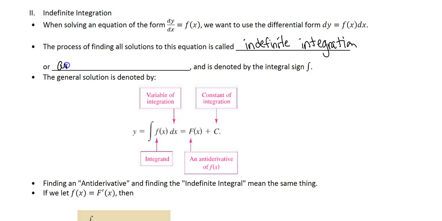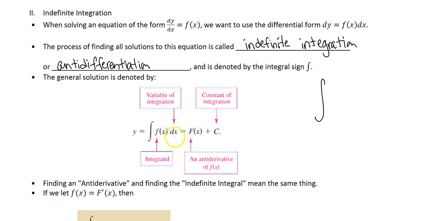Or you might see it called anti-differentiation. They mean the same thing. It's denoted by the integral sign, which looks kind of like this long curvy S. The general solution is denoted as follows. You have y equals the integral of f of x with respect to x. That's how you would read that.